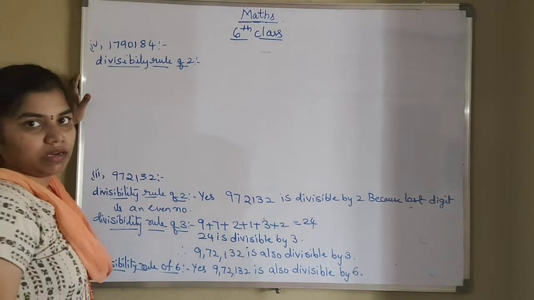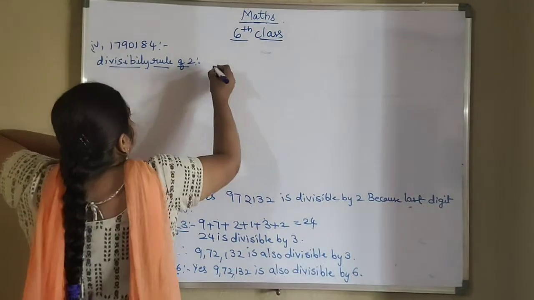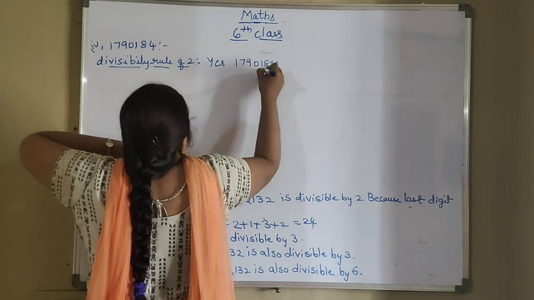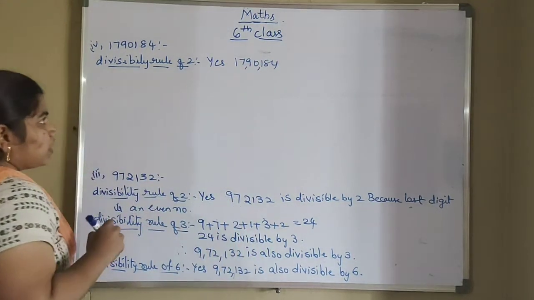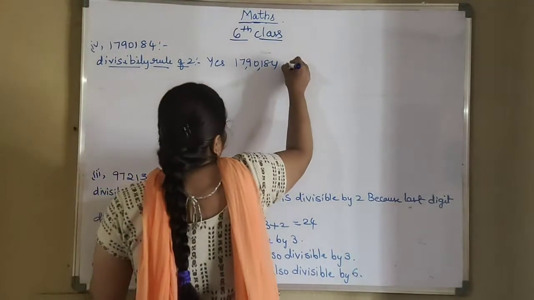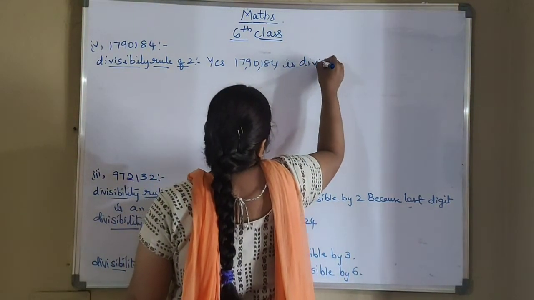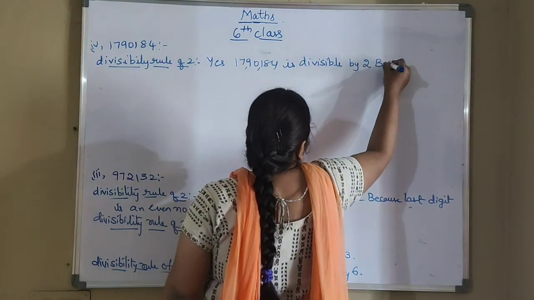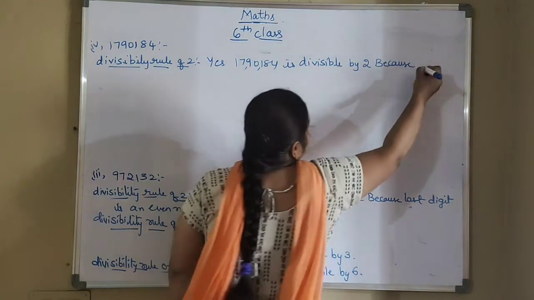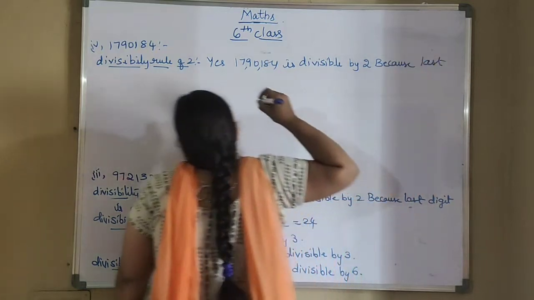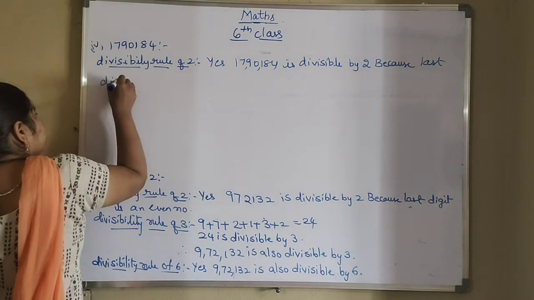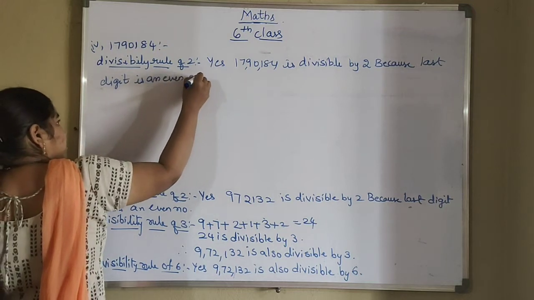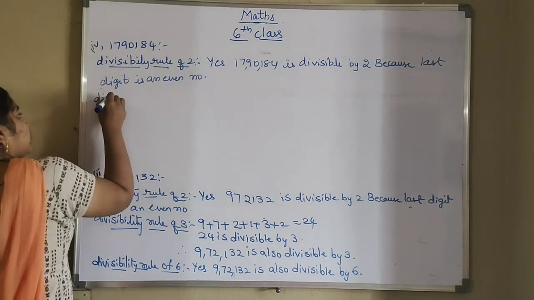Last number should be an even number. So 4 is an even number. So yes, 17,90,184 is divisible by 2 because the last digit is an even number.